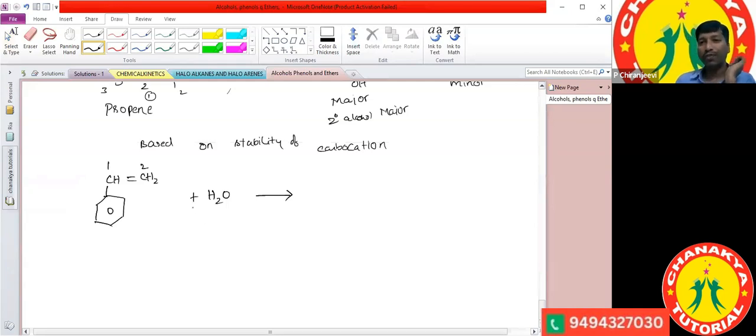OH is going to be attached to which carbon atom?